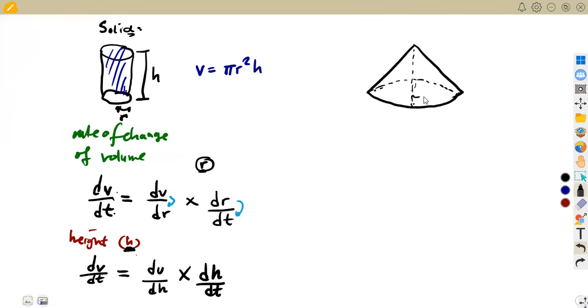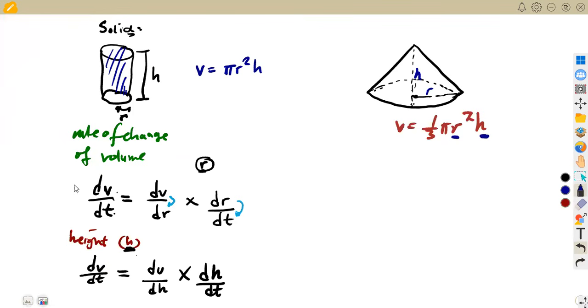For a cone, you have the perpendicular height and the radius again, whereby the volume of a cone is given as a third pi r squared h, which is the same as this part. Our volume is affected by the radius and also by the height.